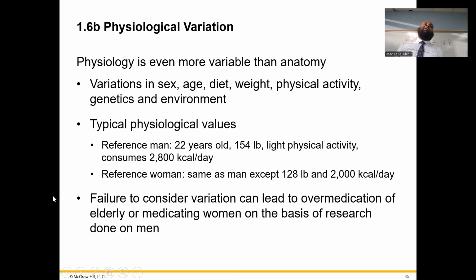You do not give the same dose of medication to a young, healthy man that you would give to somebody suffering from the same disease who is a baby, pediatric. If I have bronchitis, and a baby who's 2 years old has bronchitis, and a grandmother who is 92 has bronchitis, are we going to have the same dose? No. So we take into account the sex, the age, the weight, the diet, and all of that.